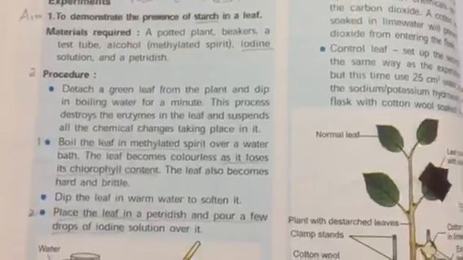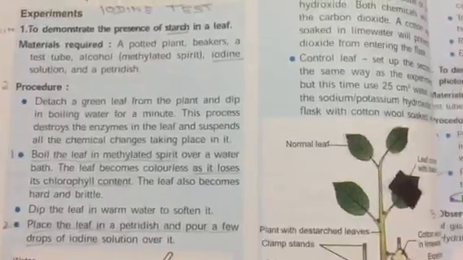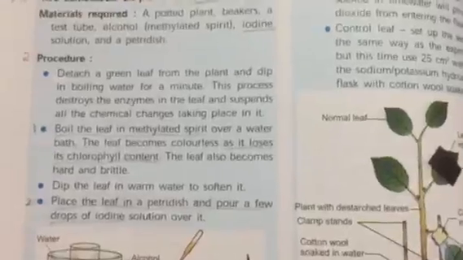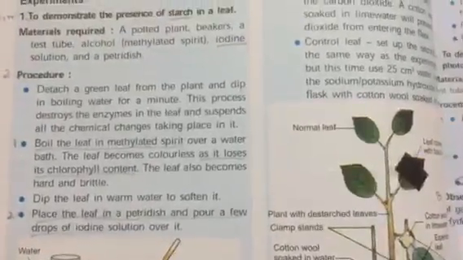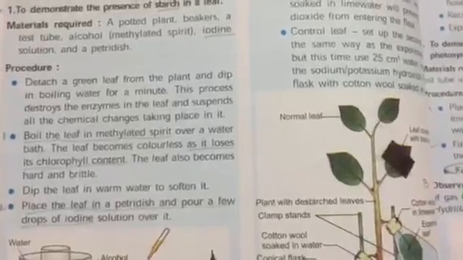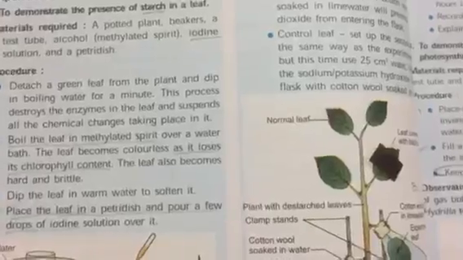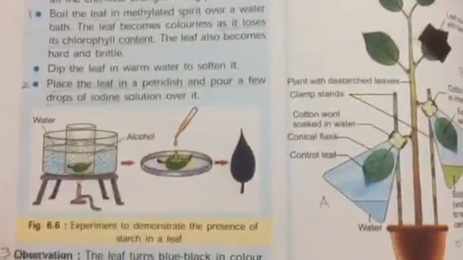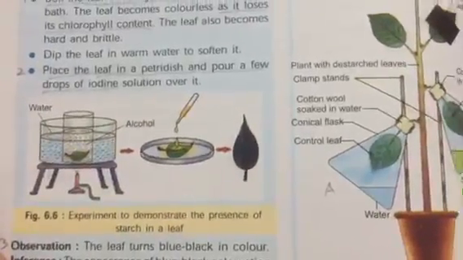Step 1: boil the leaf in methylated spirit so that it loses its chlorophyll content. Step 2: place the leaf in a petri dish and add a few drops of iodine. Here is the experimental setup.